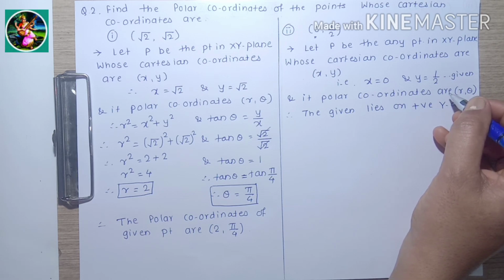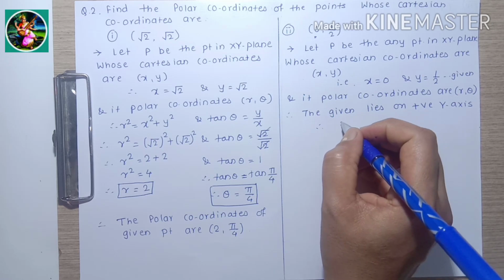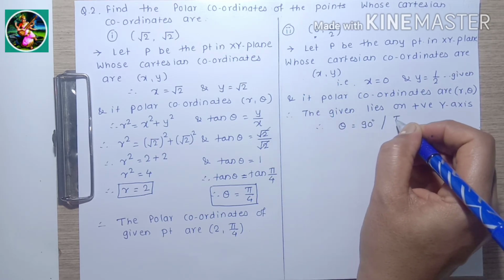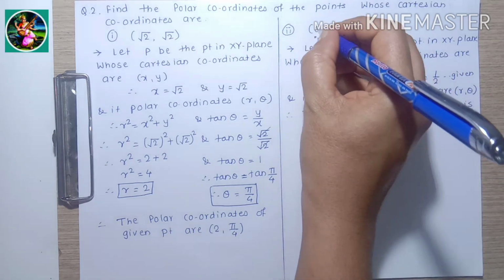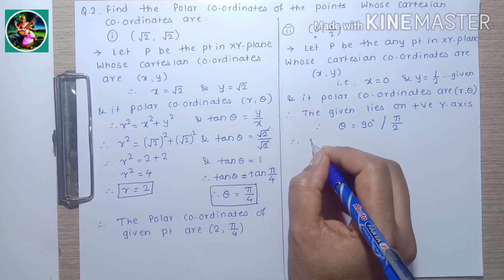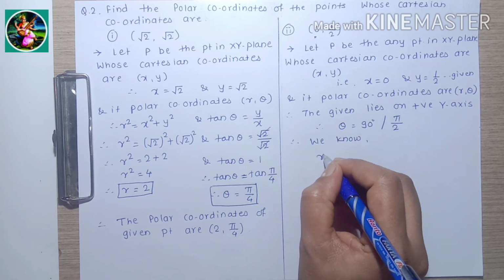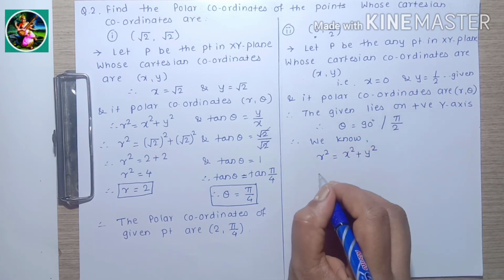Therefore here the angle of rotation is 90 degrees or pi by 2. So we write directly that theta is equal to 90 degrees, or pi by 2. And we solve only for r, using the relation between Cartesian and polar coordinates, that r square is equal to x square plus y square.